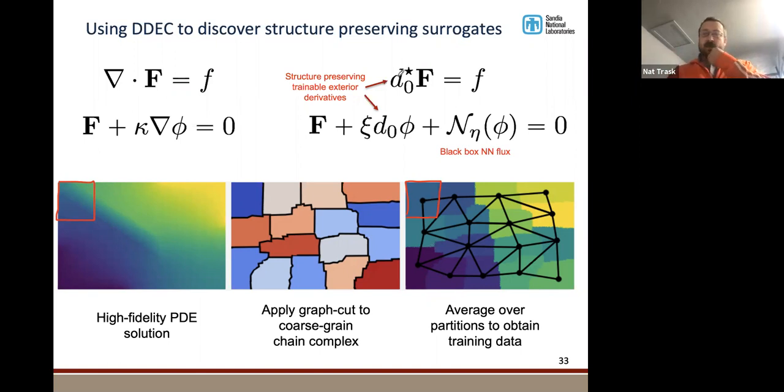But anyway, once you have this, that's the data that you'd like to reproduce on this graph. The way you define your model that you'd like to train is you reach for the analogous graph operator, right? So here conservation is encoded by this thing that says that the divergence of the fluxes is equal to the sources, right? So here we have this data-driven divergence of the fluxes is equal to the sources.